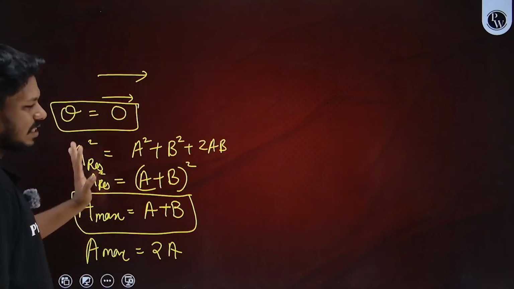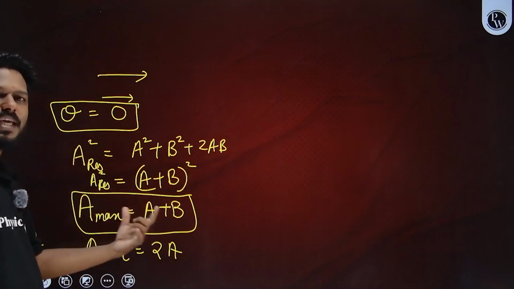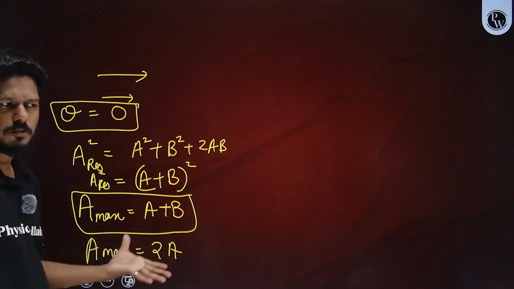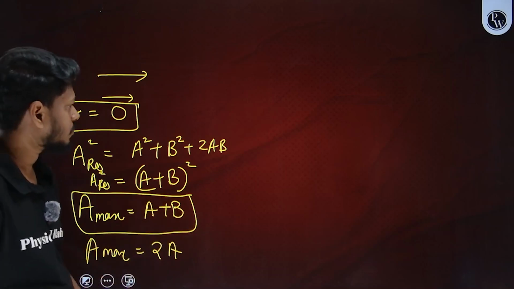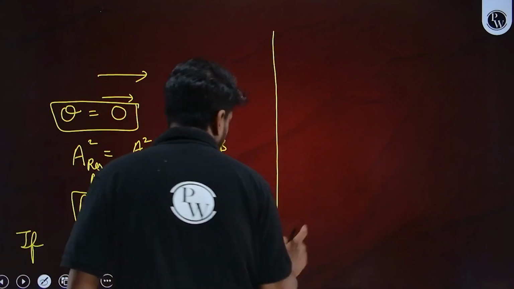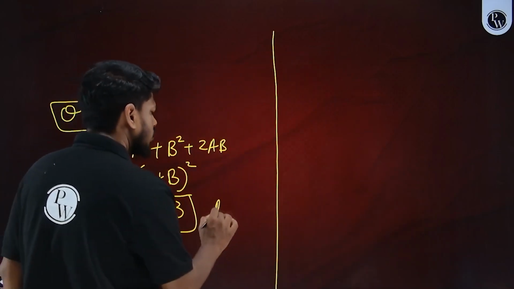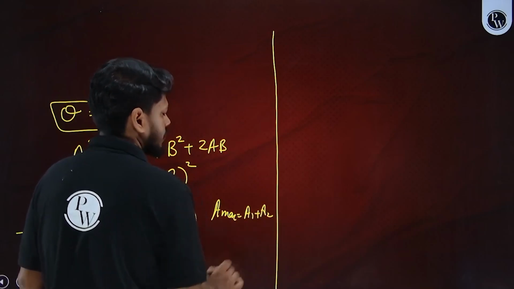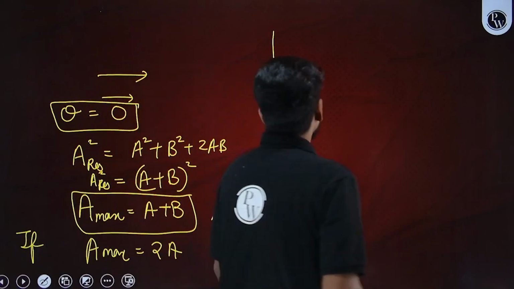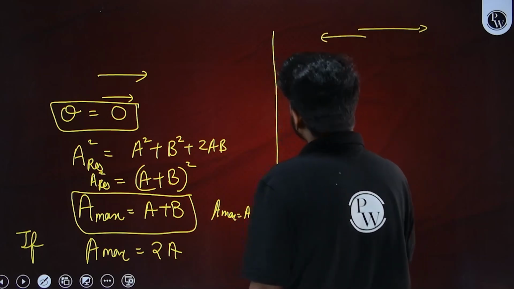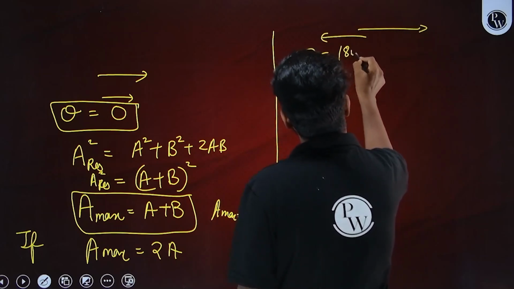If both are in the same direction, maximum will be A plus B, or A1 plus A2. If there are two waves A1 and A2, you can write A max is equal to what? A1 plus A2. No issues. If one wave is in the forward direction and another wave is in the backward direction, then what is my theta? Theta is equal to 180 degree.